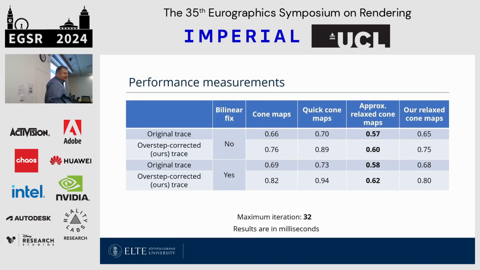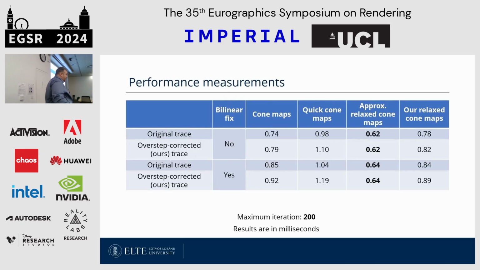What we see is that yes, the approximated relaxed cone step maps are still the fastest, but our method can produce roughly the same speed as the original cone step map, while being robust and not skipping surface details. Here we use 32 iterations, which is roughly what can be used in practice.